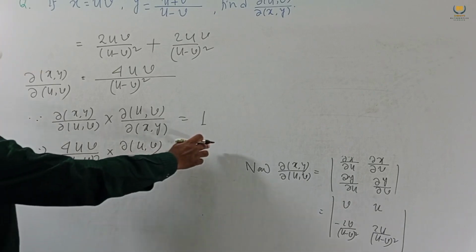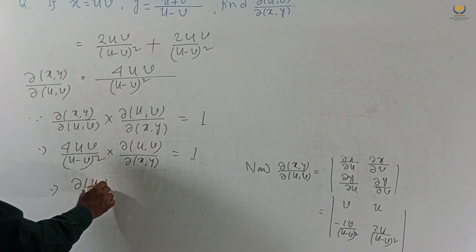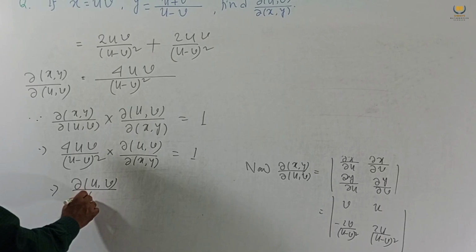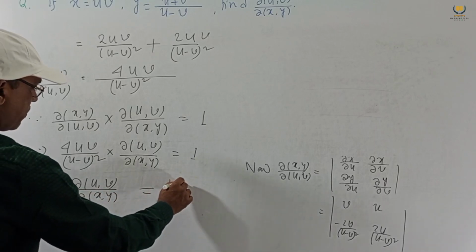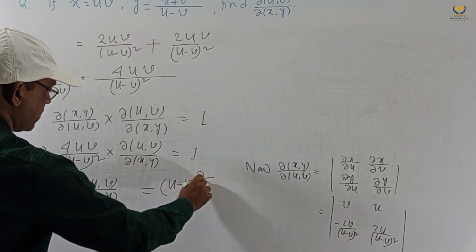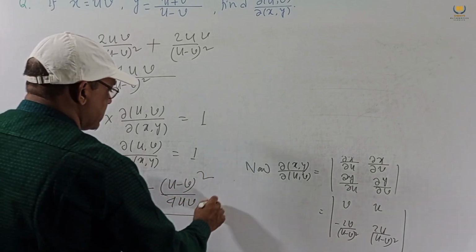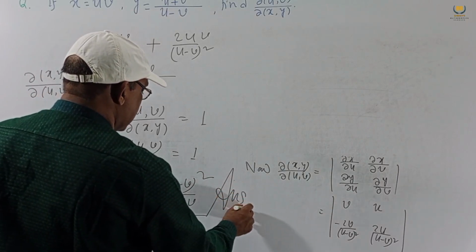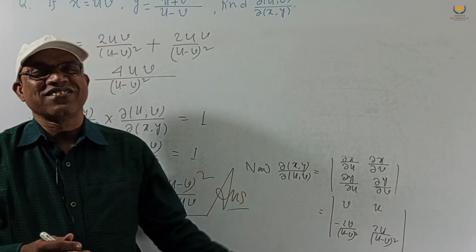We divide on the right hand side, then we get del(u, v) by del(x, y) equal to (u minus v) whole square by 4uv, and this is our answer. Very easy solution, very nice solution.